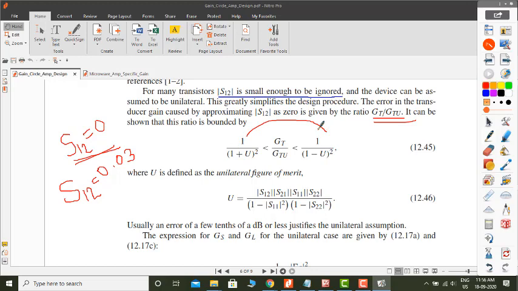The error will be in between these two values. The u is called the unilateral figure of merit. The unilateral figure of merit is defined as u equals |S12||S21||S11||S22| divided by (1 minus |S11| square)(1 minus |S22| square).